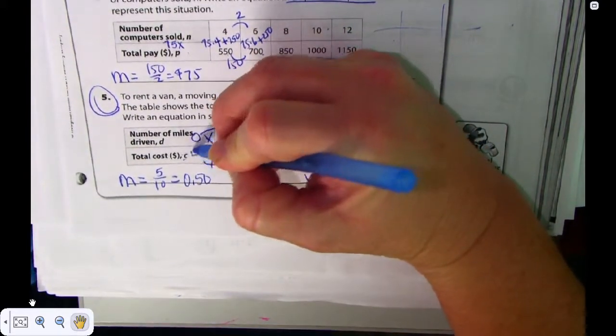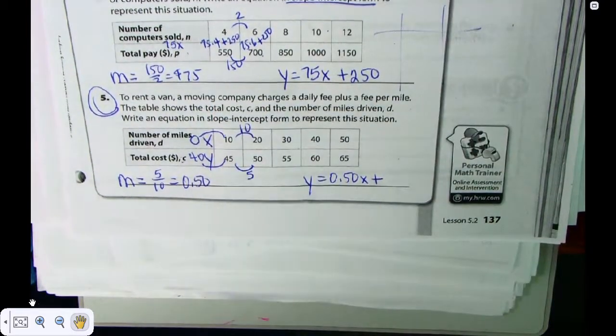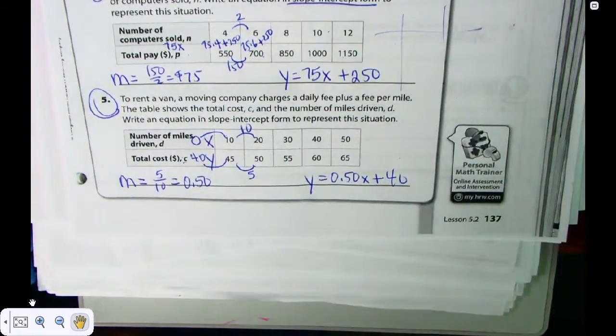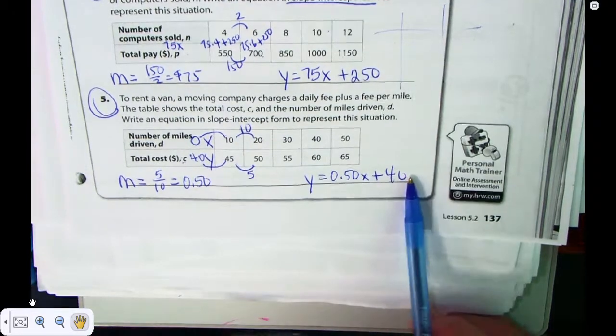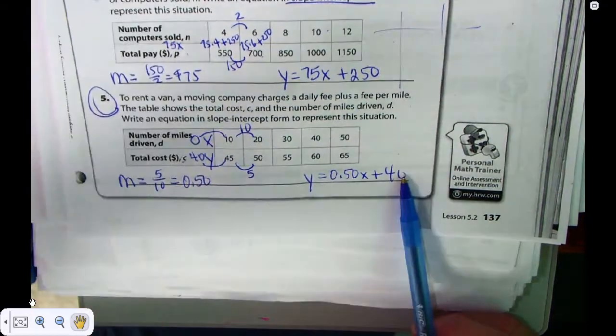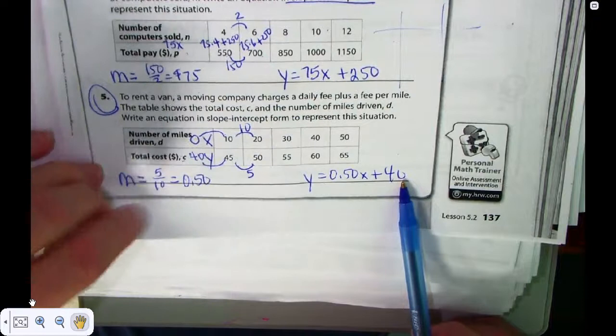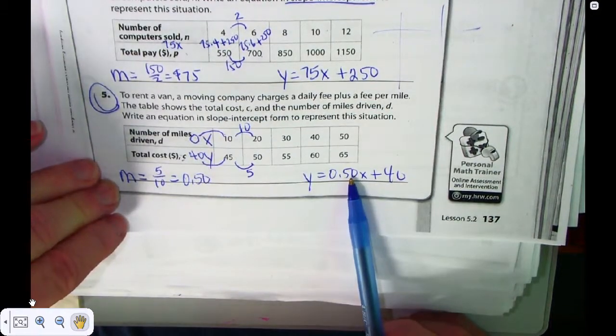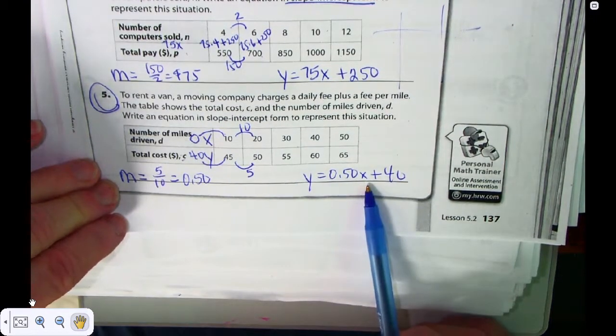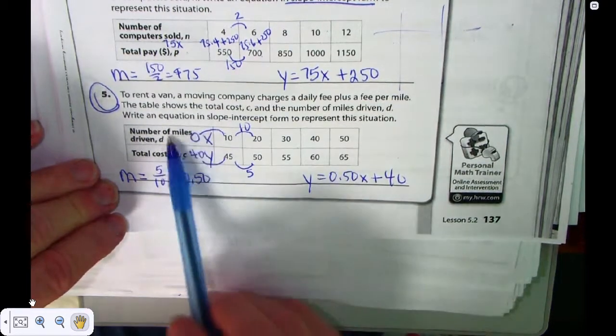You go back 5, it's 40. So they're going to pay $40 to rent the van plus what? 50 cents. X is the miles.